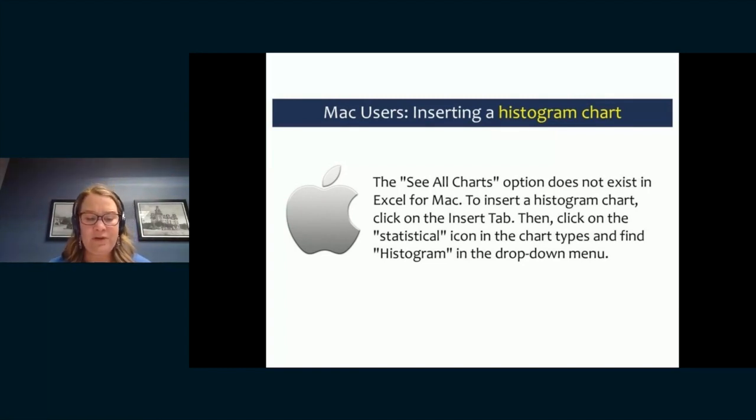Now, I want to point out, as Wendy mentioned, all of these features that we're showing you here today are going to be available for you to practice and recreate the charts that we've created here.